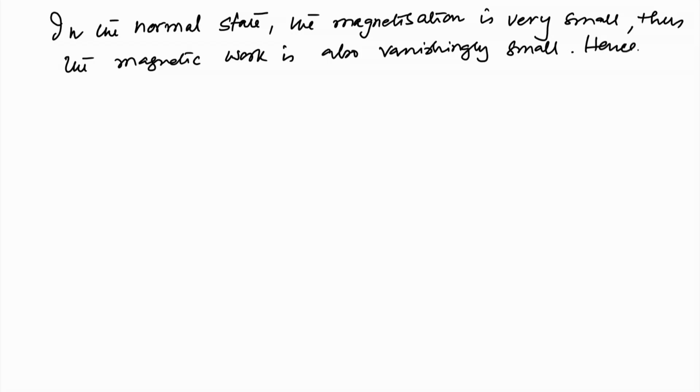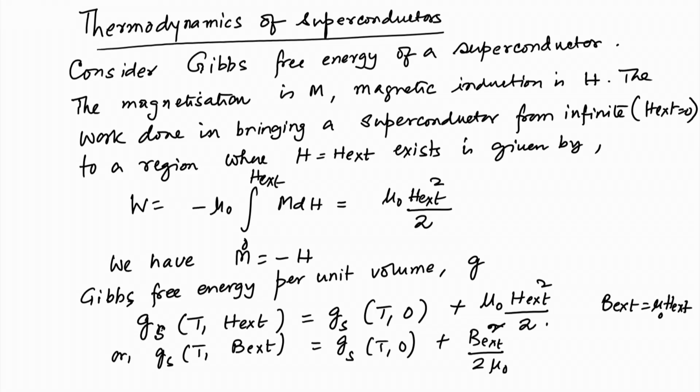Hence, g_n(T, H external) equal to g_n(T, 0). So, in the superconducting state, at a given magnetic field or magnetic induction, there is an extra term B external square by 2 mu 0, or mu 0 H external square by 2.